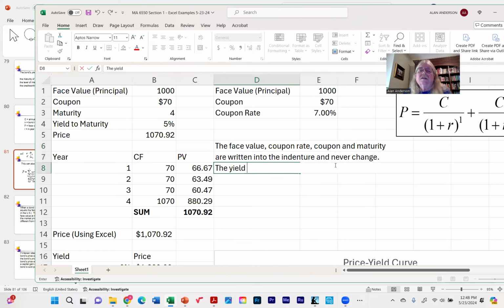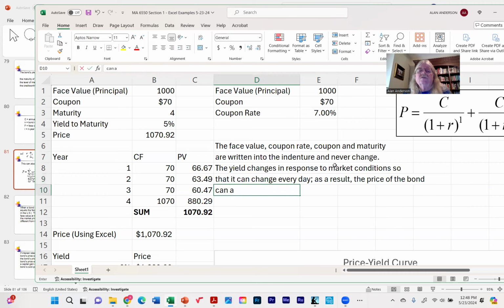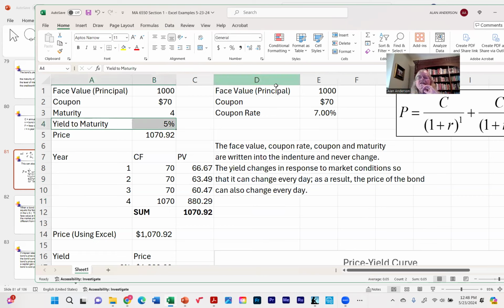The yield changes in response to market conditions, so that it can change every day. As a result, the price of the bond can also change every day. Okay. So in other words, only the yield can change. These are locked into place in the contract or indenture.